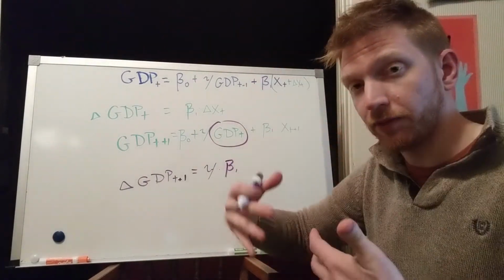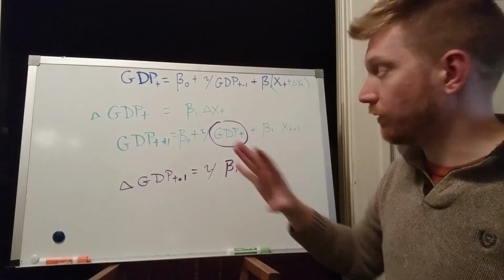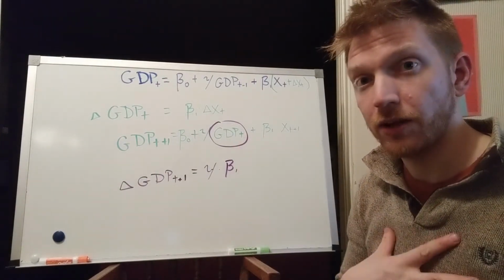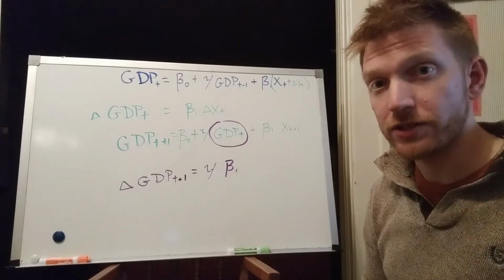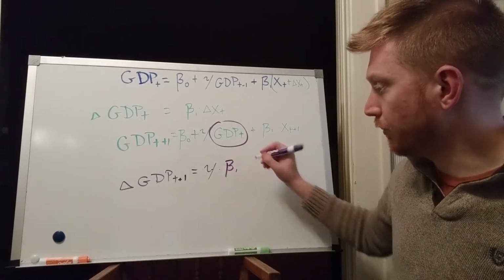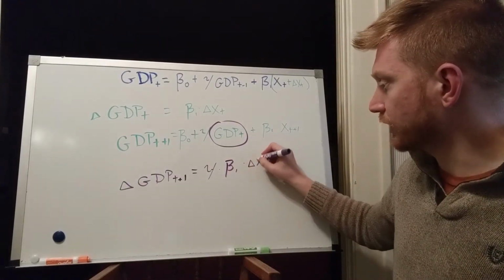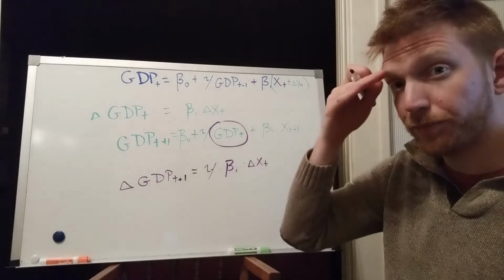We were looking at a change in 5. Oftentimes we're interested in what the impact of a 1 unit change would be. I will just leave it as our change in that period.